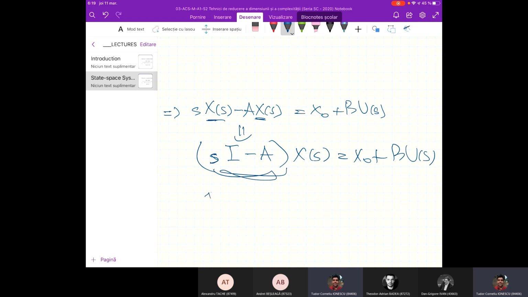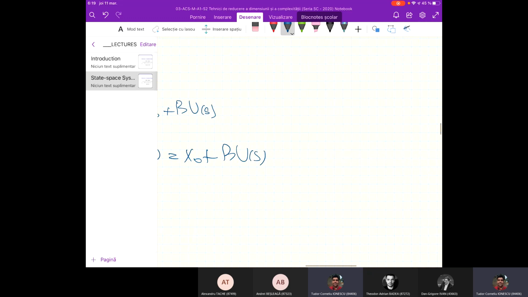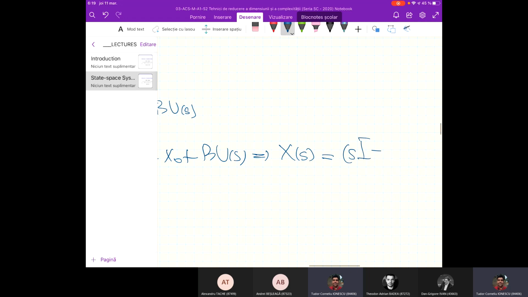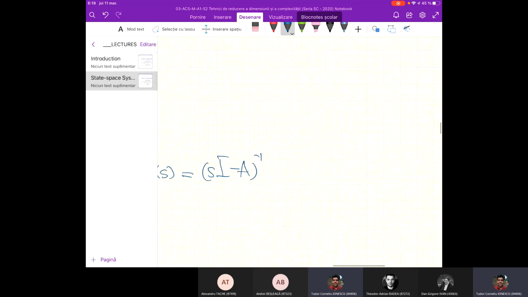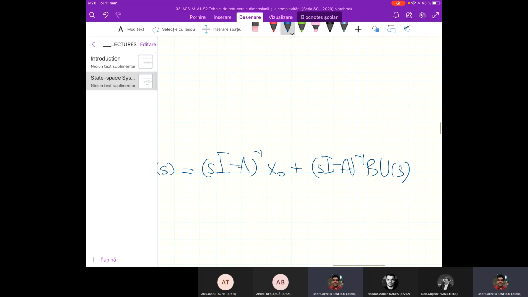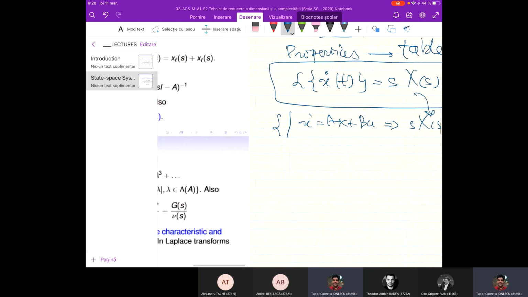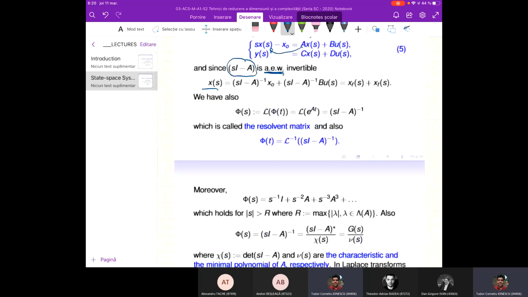Since this is invertible almost everywhere, like we just heard, you get that X of s is (sI minus A) inverse x naught plus (sI minus A) inverse B u of s. So we re-explained this relation, this result.